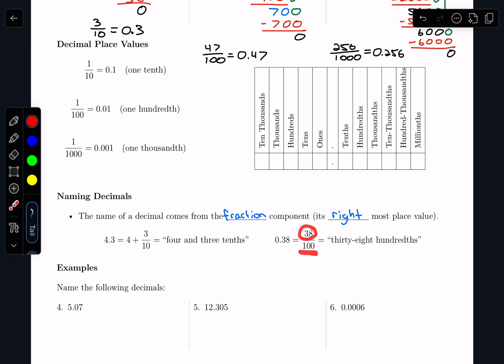So in this case, 38 hundredths, because it's 38 over 100. And as a decimal, we don't have to see the fraction to name it. All we have to do is know what place value is the rightmost place value. So where is that 8? That 8 is in the hundredths position. So we call it 38 hundredths.